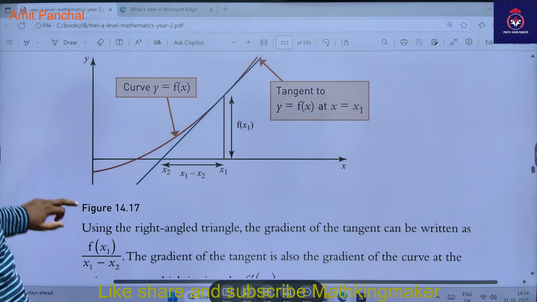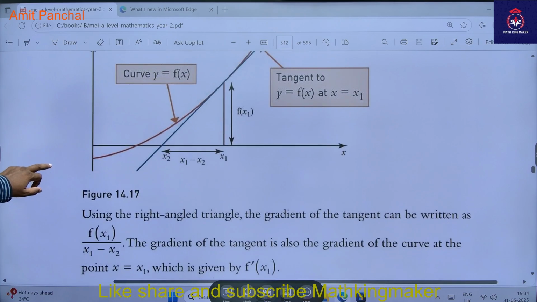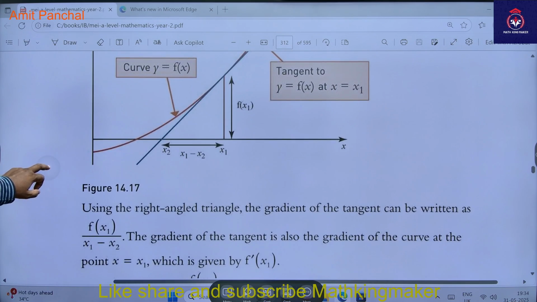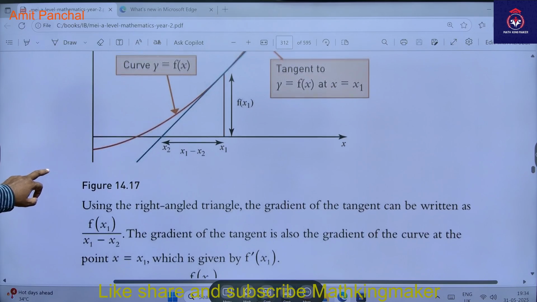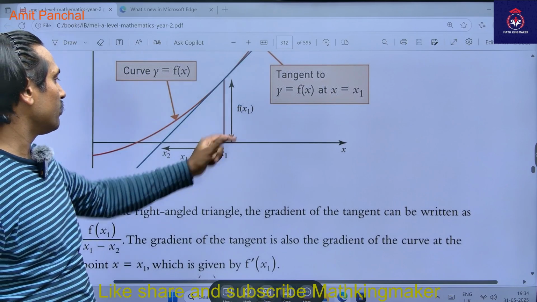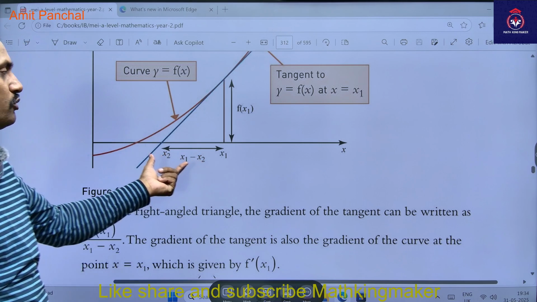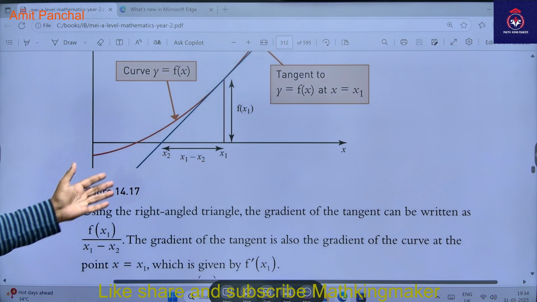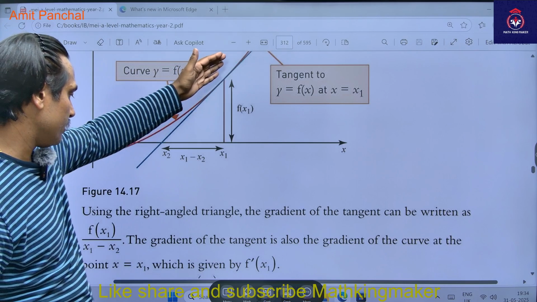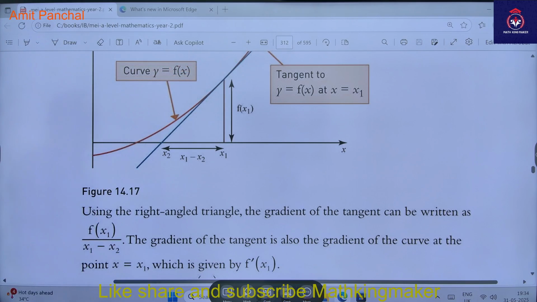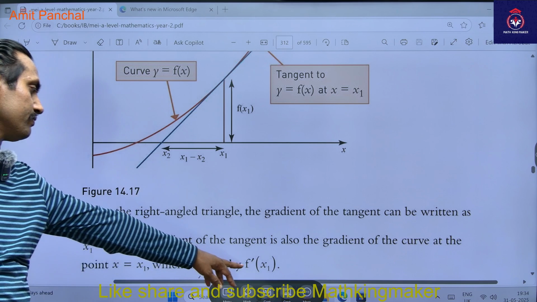So using the right angle triangle, this is very simple. The gradient will be f(x1) divided by x1 minus x2. That is the way to find the gradient, and the gradient is always equal to the first derivative.